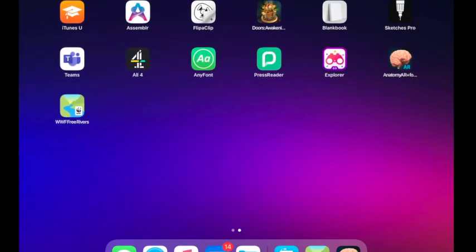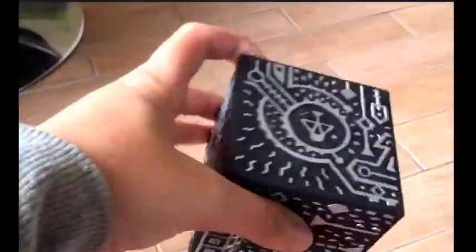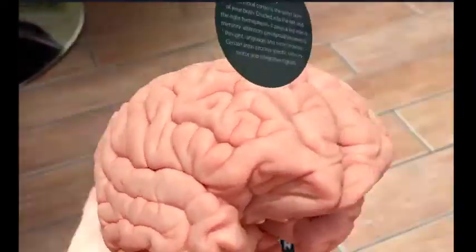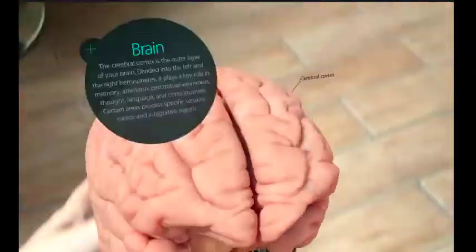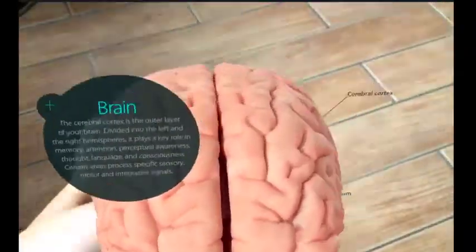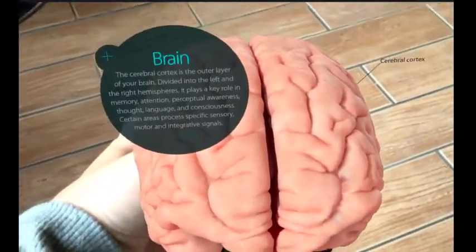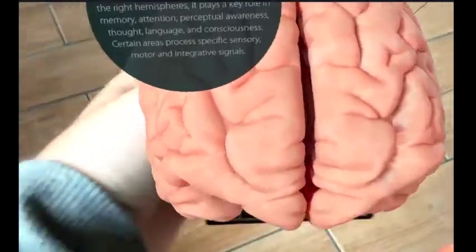So there are lots of different Merge apps. One of them is an anatomy AR app, and in my digital book presentation I talked about how much more interesting science learning is using multi-touch books. This is the same, it's science, but instead of a multi-touch book you're using a cube. So if I open up AR using this cube, you can see a student then has the brain in their hands, and they can tap on the screen.